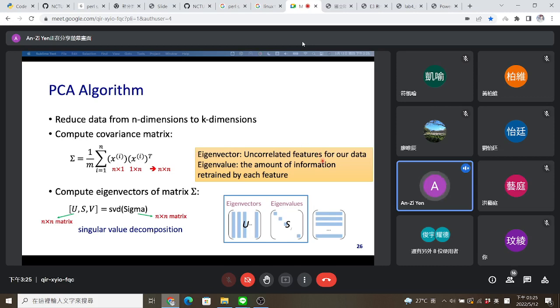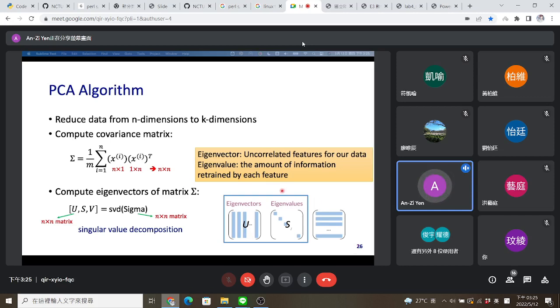It is useful because the eigenvectors of the covariance matrix of our data give the direction of uncorrelated features, and the eigenvalues are the variance of our data set in each of these new features. So to perform PCA, we need to get eigenvectors and eigenvalues from the covariance matrix of our data.